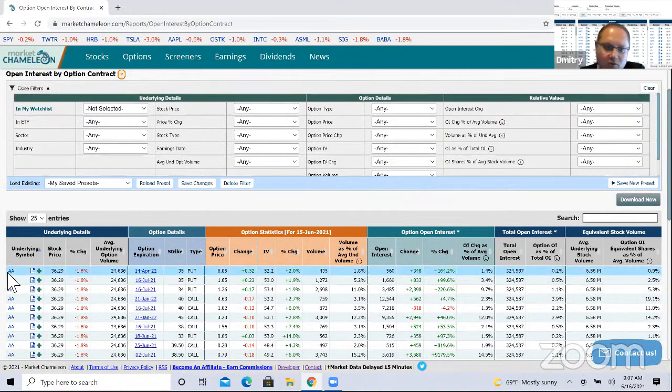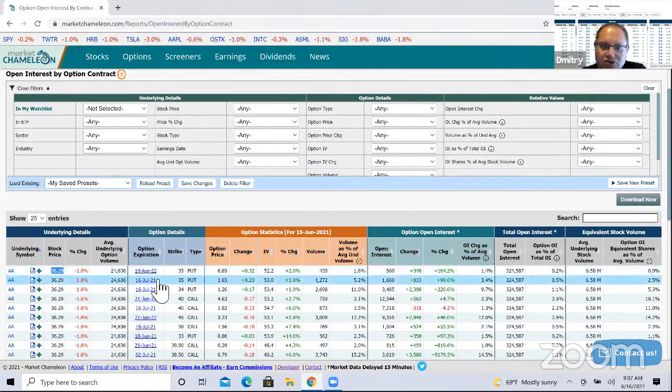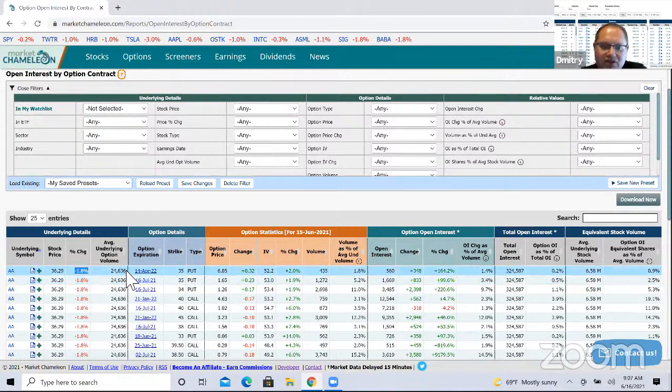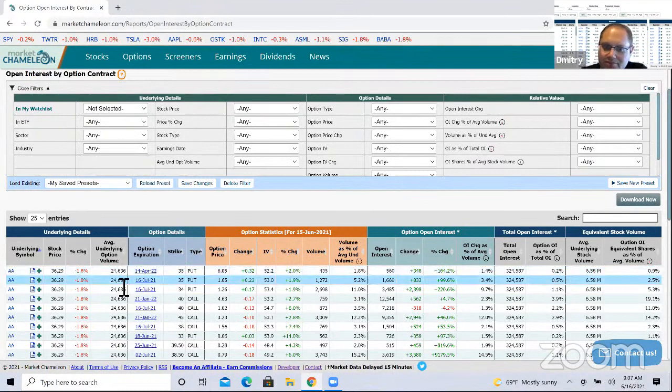So here we have the stock symbol, AA. This is what the stock price was. We're not open yet, so this is as of yesterday's close. This is what the stock did by the end of the day. Here we have the average option volume in that stock. It takes all the option volume in aggregate in that stock.